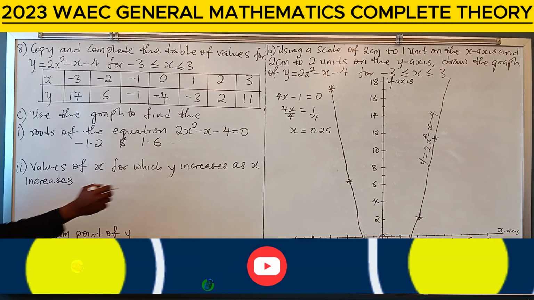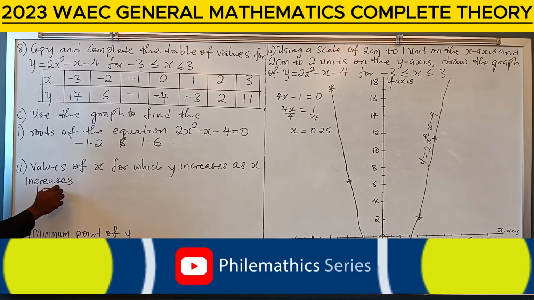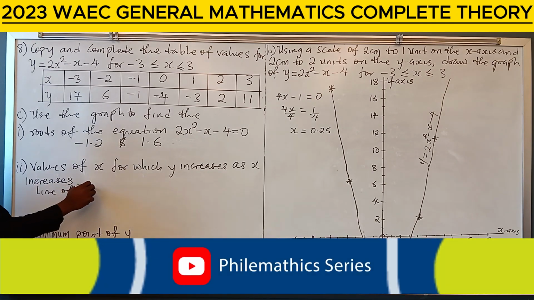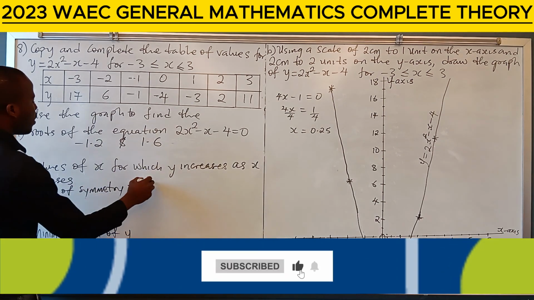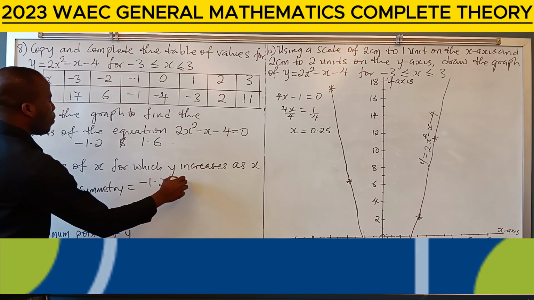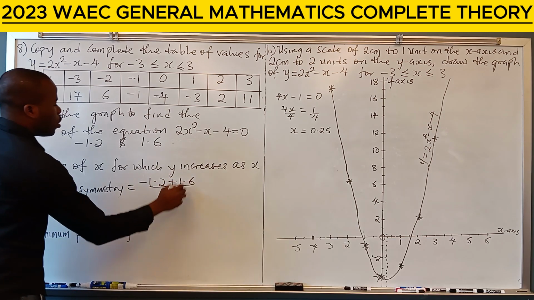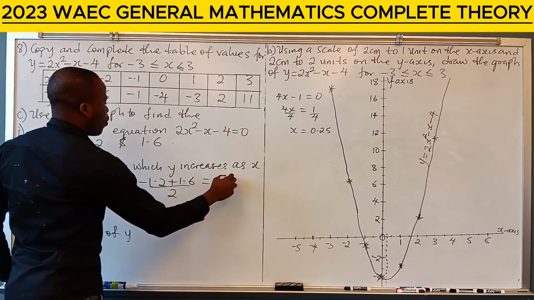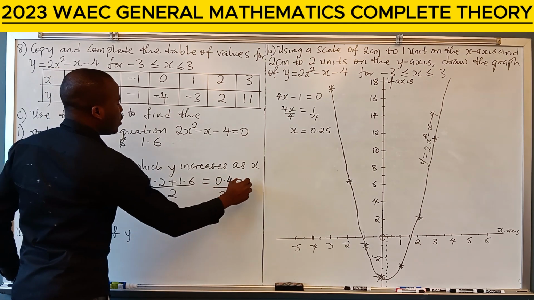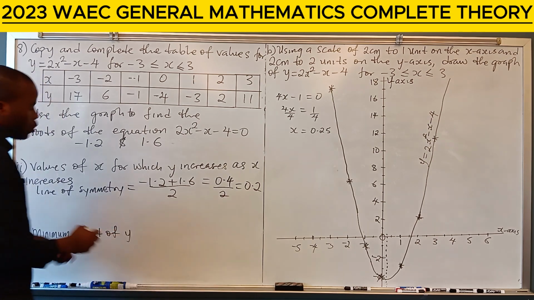So if we go by line of symmetry, it will be minus 1.2 plus 1.6 over 2. To add this is 0.4 over 2, and this is 0.2. Almost the same thing we got.